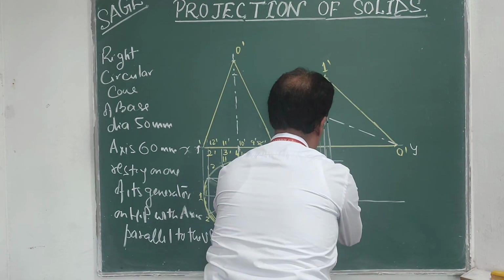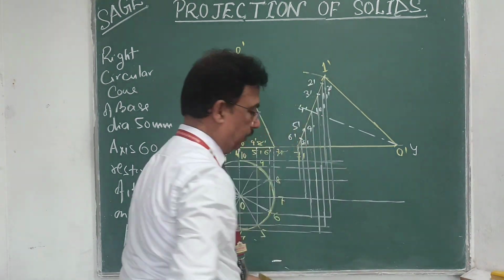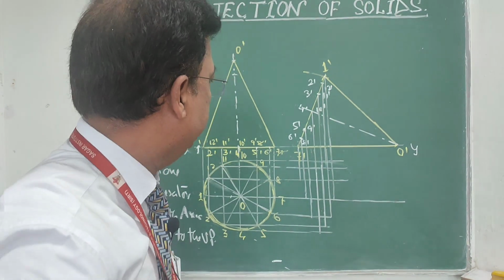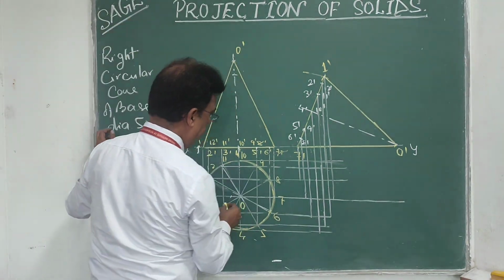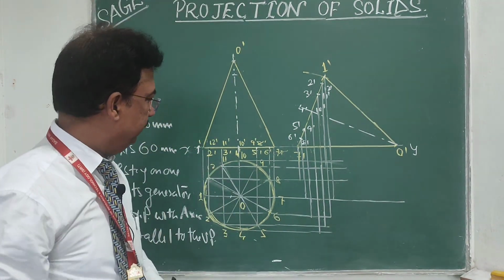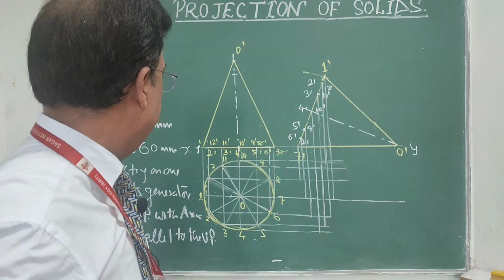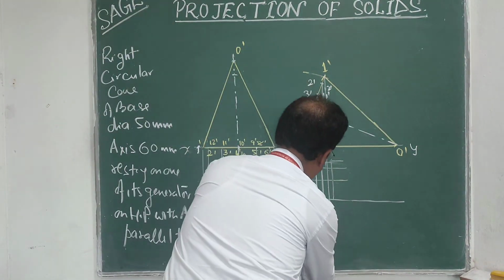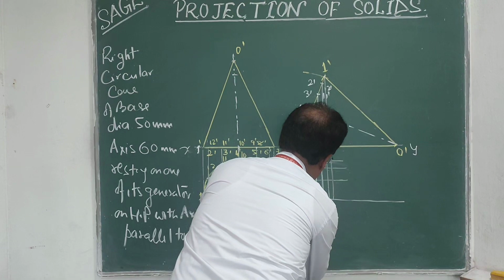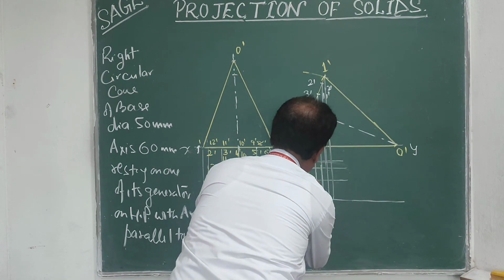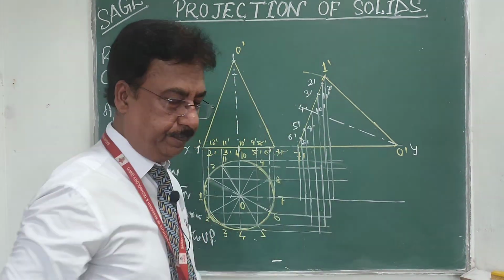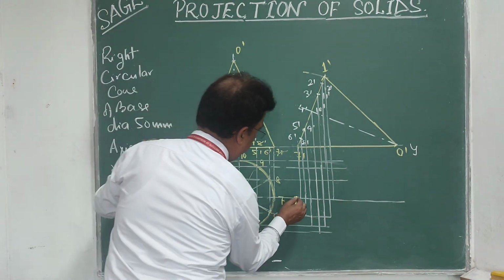So I will draw all these and locate all those points in the top view. The points will be in the same sequence as they are in the earlier figure. So the points will be like this.